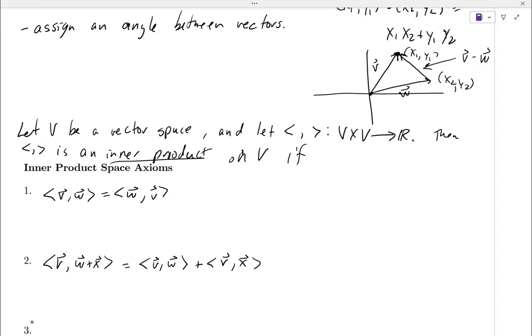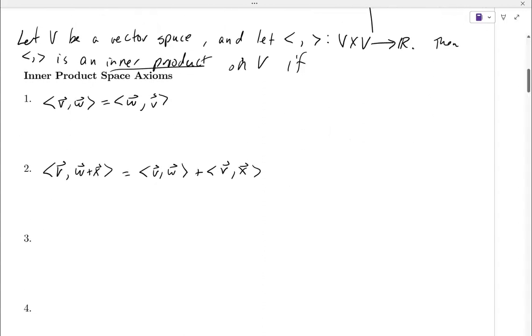And the next one we're going to talk about is how scalar multiplication behaves with respect to the inner product. Basically it just says that it doesn't matter where you put the scalar, you get the same answer.